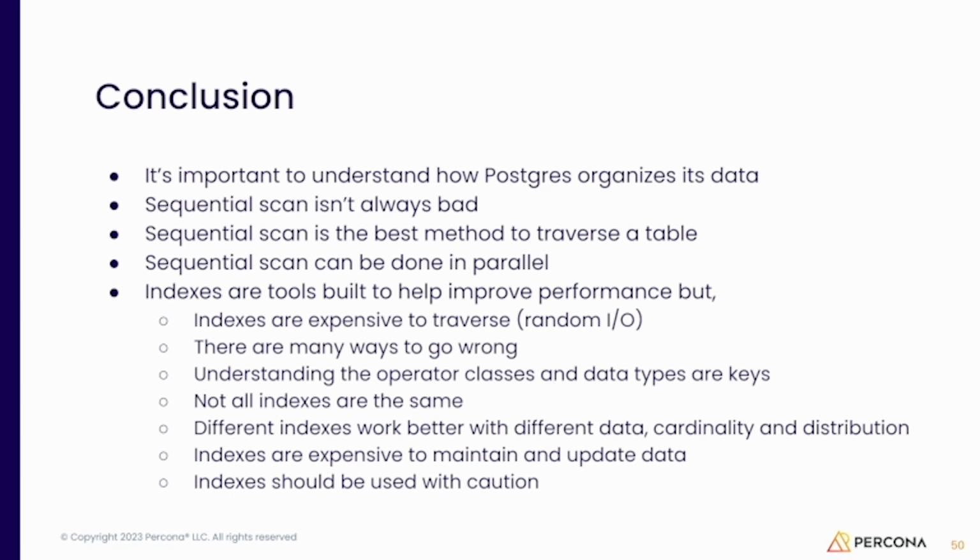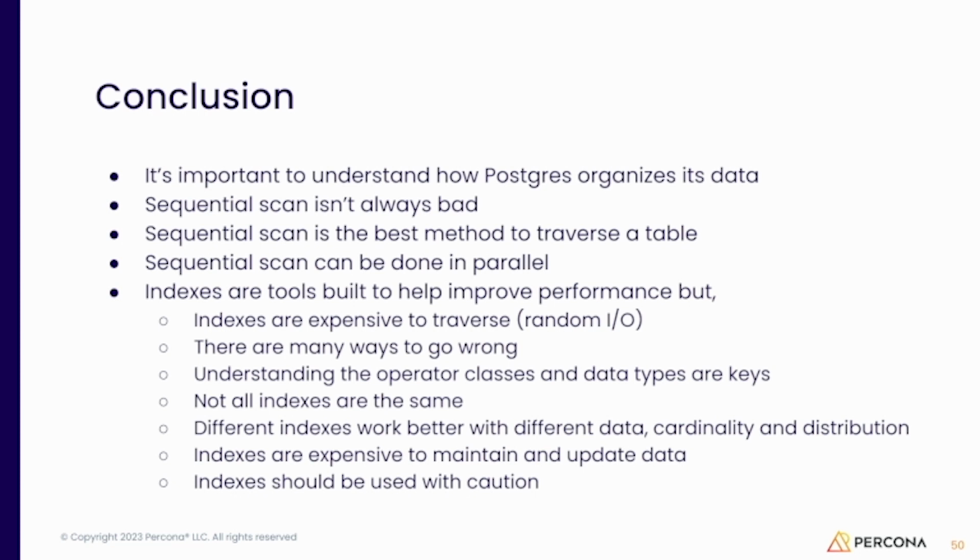Sequential scan is the best method to traverse a table on Postgres, because of how the table is organized, right? And it can be done in parallel. We can enable parallel queries, but remember to be careful. You don't want to put too much load on your box, right? If you have a 128-core machine, do not allow 10,000 connections on that machine, please. That won't do any good.